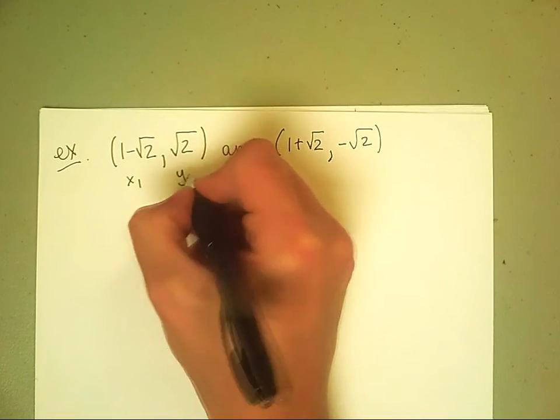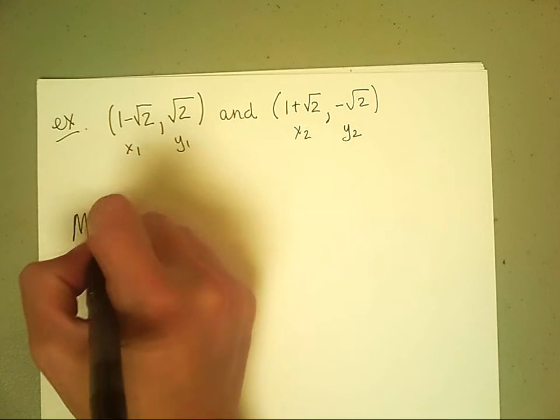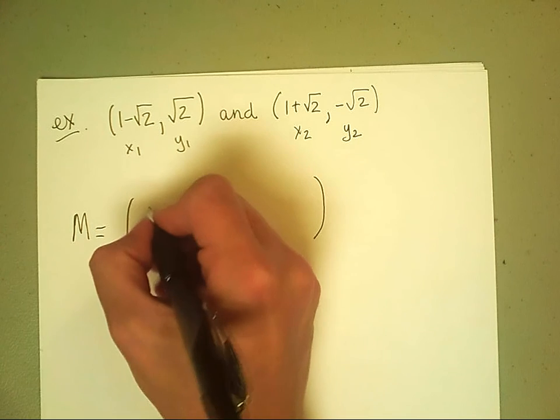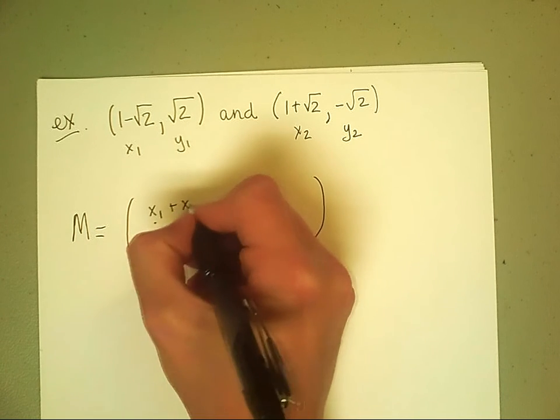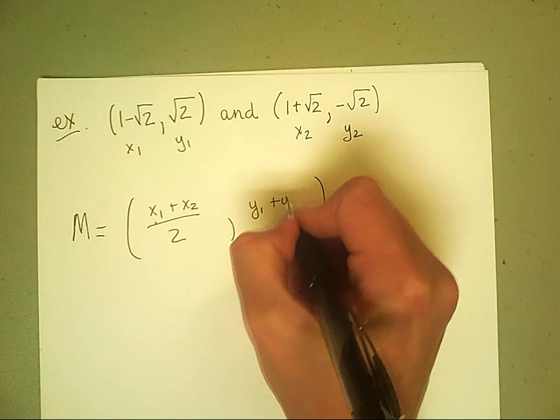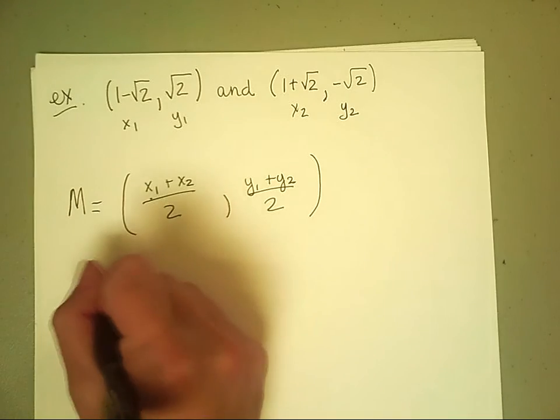Okay. So we'll call this one x1 and this one y1. This is x2, this is y2. Now the midpoint is an ordered pair. So it's going to have an x-coordinate, which is the average of the two x's, and the y-coordinate is the average of the y's.